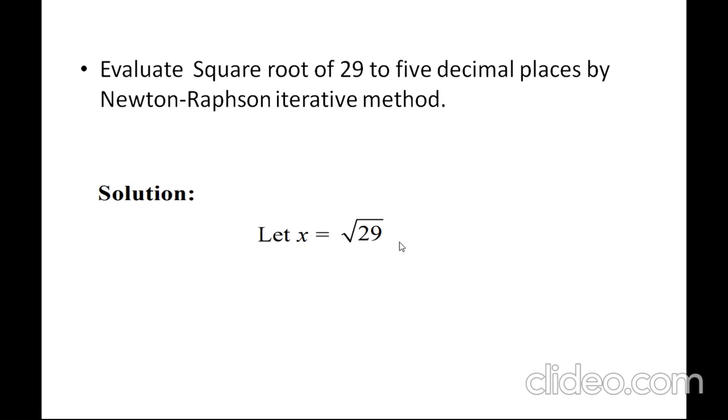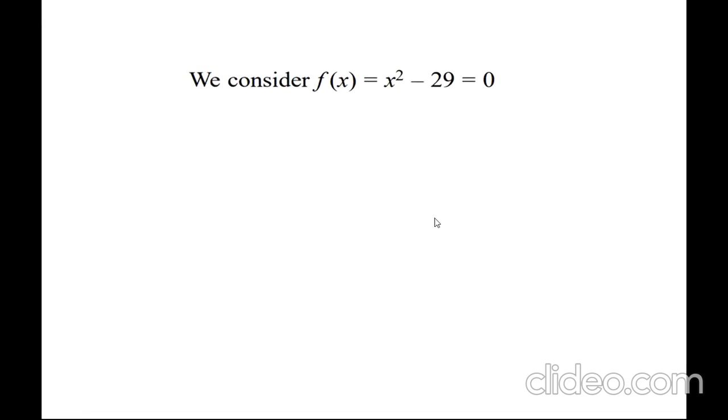Taking the square on both sides and rearranging the equation, we get x square minus 29 is equal to 0. So f of x is x square minus 29 is equal to 0. f dash of x, the first derivative, is 2x. X square derivative 2x, 29 derivative 0.